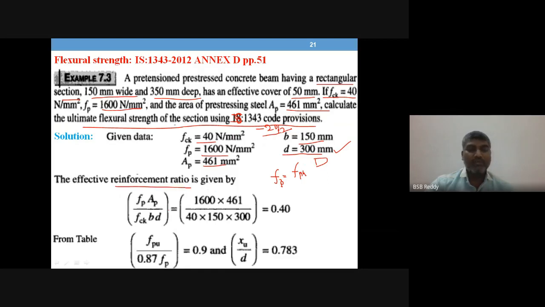To read from table 11, you need to calculate APS FPU divided by BD FCK. So FP is 1600, AP is 461, FCK, B, D.